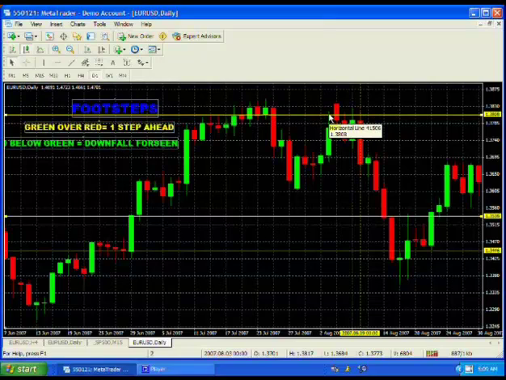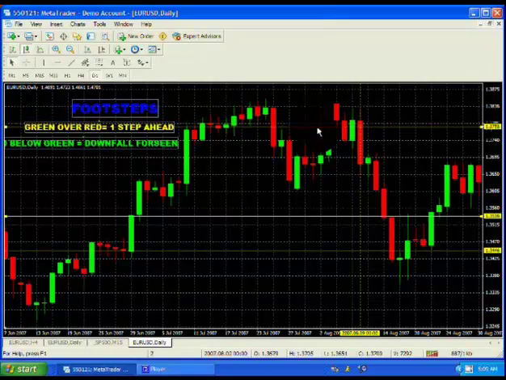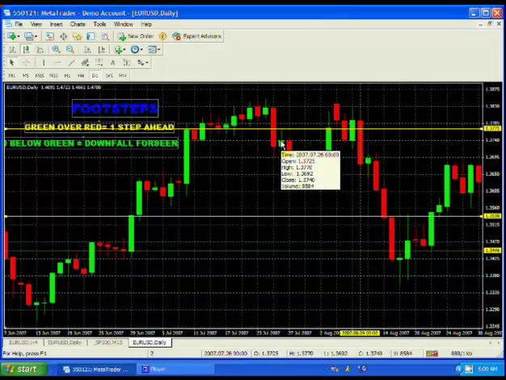But now, just like on the way down, where did it close? It closed above this green bar. It closed above the range of this step. So now we can anticipate price taking, or at least attempting to take, another step forward or another step up.